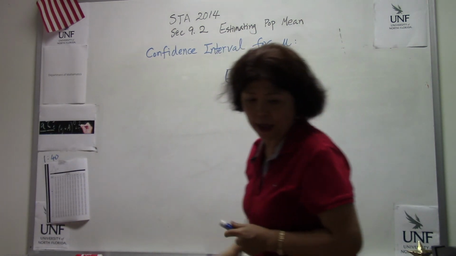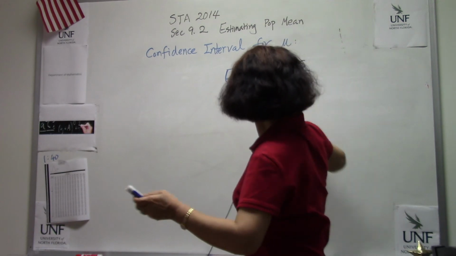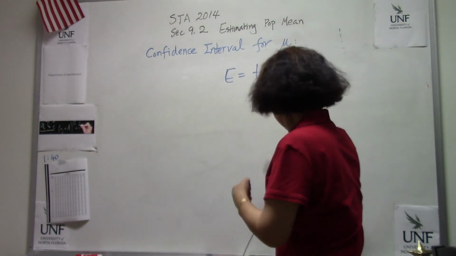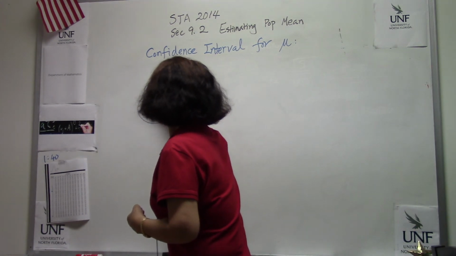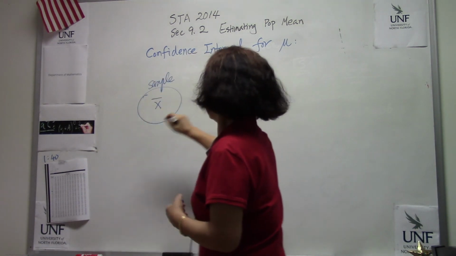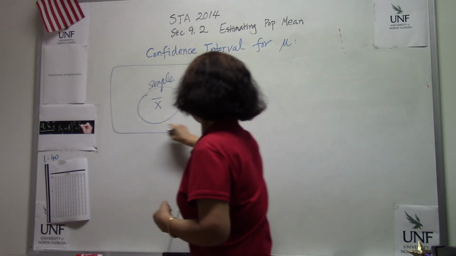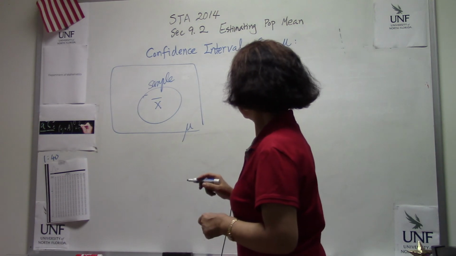So what do we have to do? This portion is the margin of error. From our sample, we have the sample mean x bar. From here, we are going to extrapolate to mu.